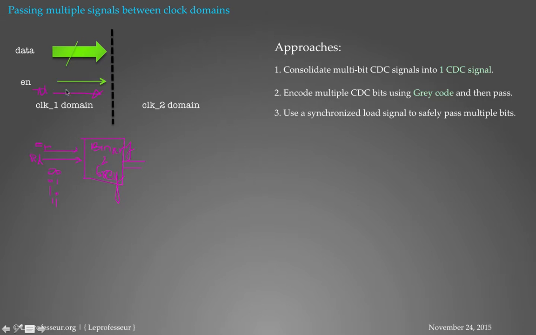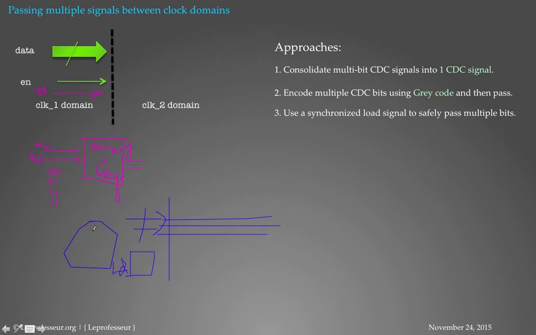Within the sending clock domain, you write some sort of logic so that you receive these data bits in the receiving clock domain when you have some sort of enable signal or load signal. Let's say a load signal. So you have generated a load signal along with this data bus.